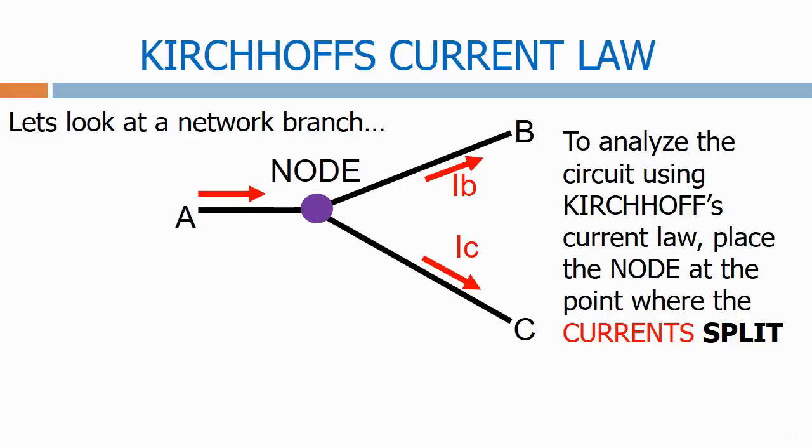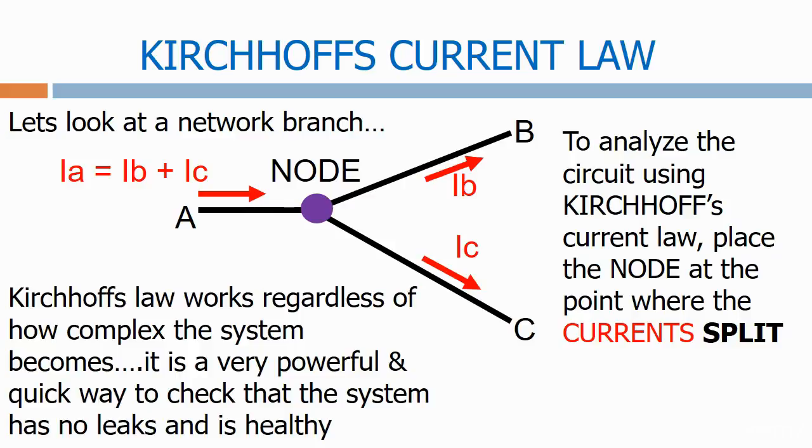The question is, what is the current flowing into end A? Well, it's pretty simple. IA equals IB plus IC, therefore the currents balance. Kirchhoff's law works regardless of how complex the system becomes. It is a very powerful and quick way to check that the system has no leaks and is healthy.